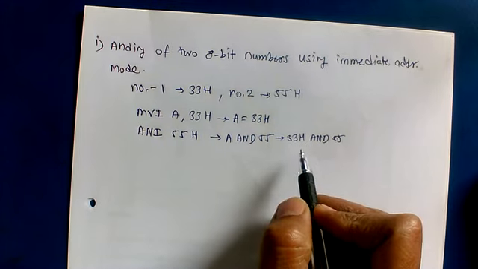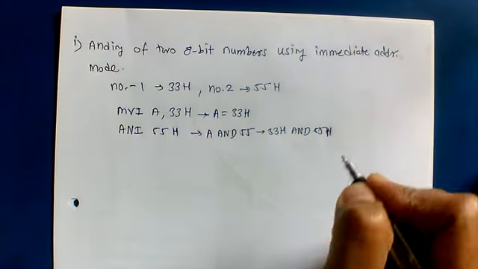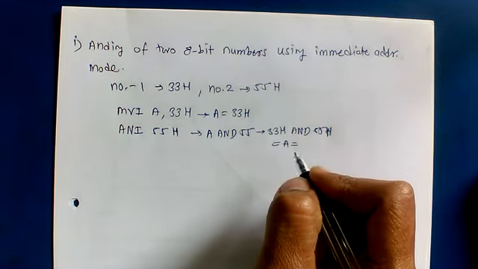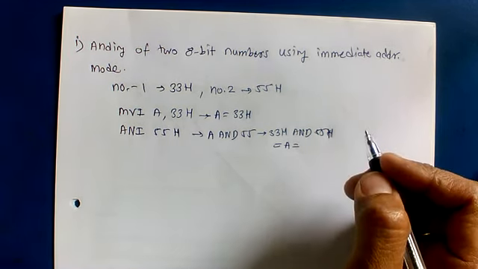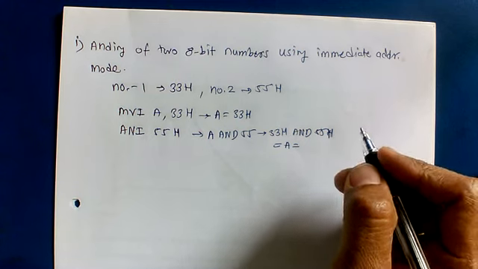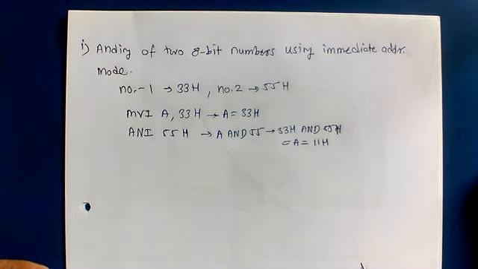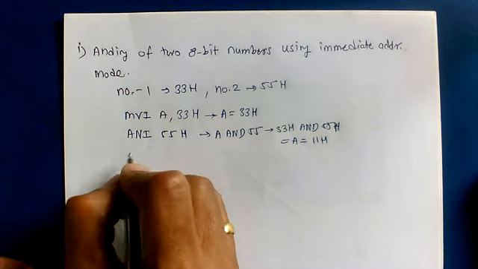In this way 33 hex gets ANDed with 55 hex and the result you will get in accumulator. So 33 hex ANDed with 55 hex means in accumulator you will get 11 hex.